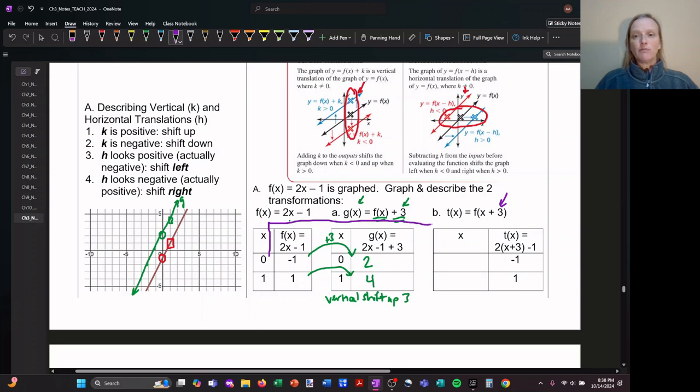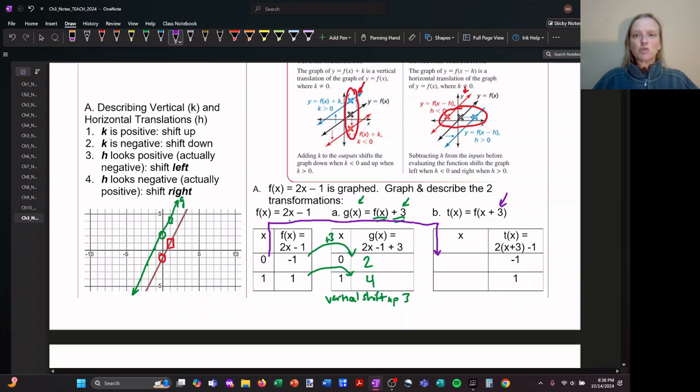This changes input values, and because this change is happening before the number gets put through the function machine, in order to get the same output value that I had before, if I'm adding 3 to the value, how do I undo that so that I'm still basically putting the number 0 into the function machine? The answer is I have to subtract 3 from it.